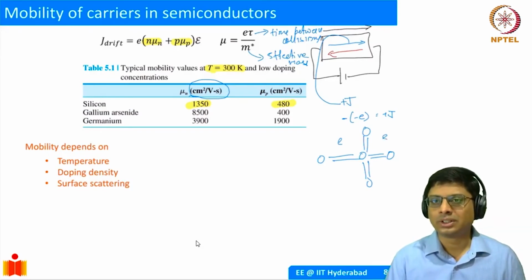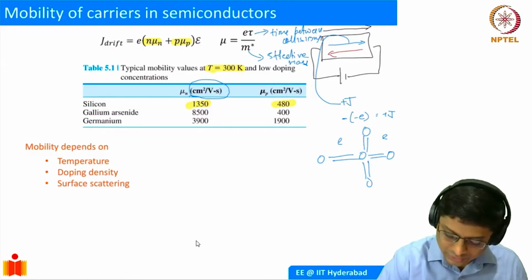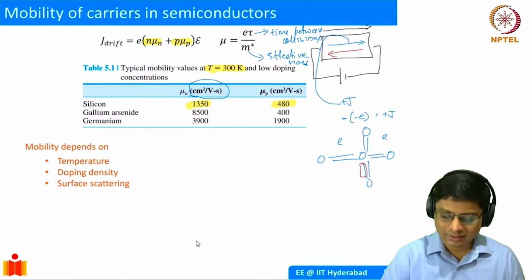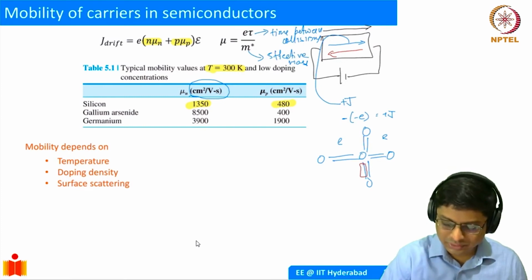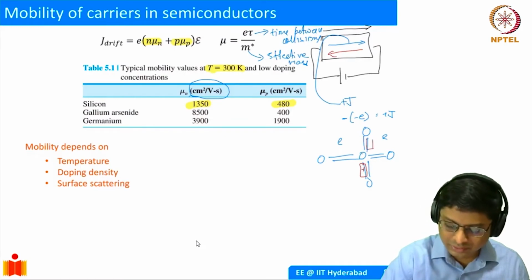But what is the hole? The hole is simply going to be the deficiency of an electron here, right? This is basically, let's say, positive. You just removed an electron, that's why there's a positive. Or it could be a deficiency of an electron here.